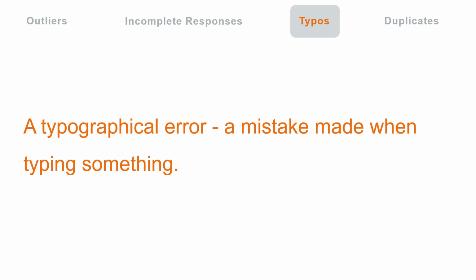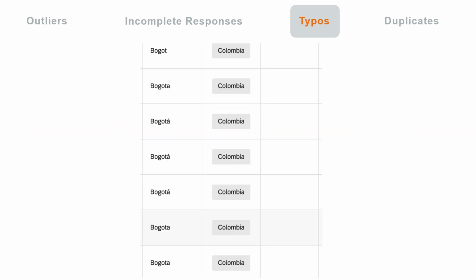Anytime a survey contains open-ended questions, you will inevitably have to deal with typographical errors, or typos. These are the mistakes that people make when typing something. Here, respondents were asked to write in the name of their city, and you can see multiple examples of how they wrote that in.